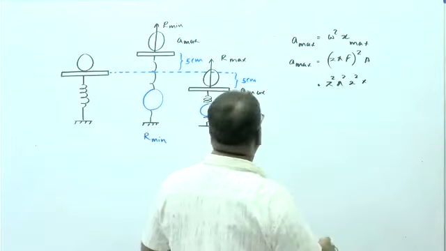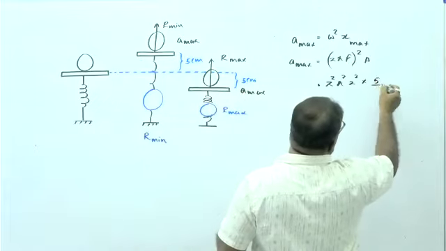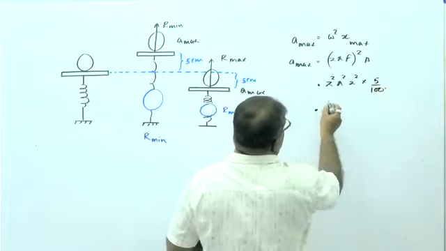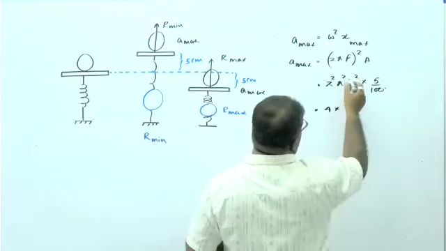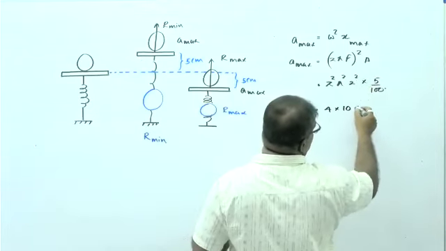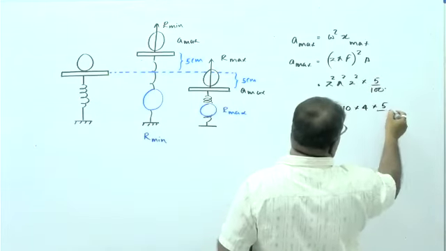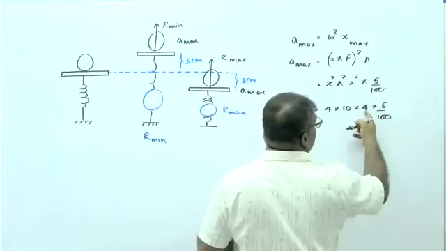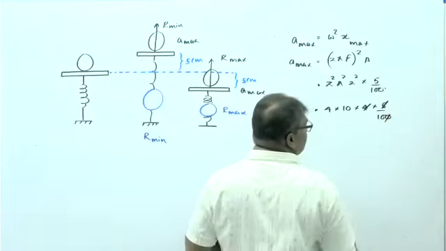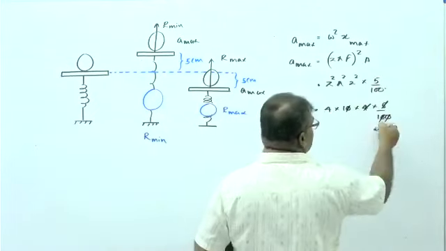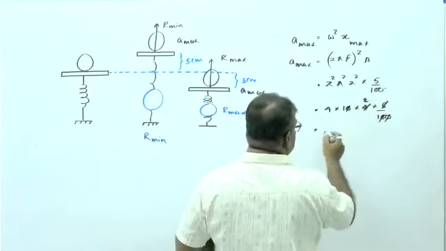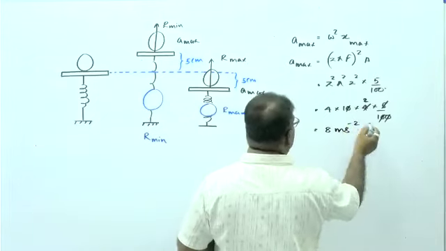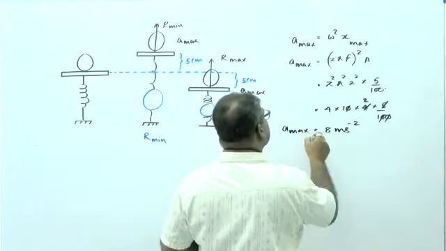Amplitude is 5 centimeter, that is 5 pi by 100. Then 2 squared is 4, pi squared let it be 10. 4 into 5 is 20; the 20 and the 100 cancel. Here 8 m s^-2 is the maximum acceleration.